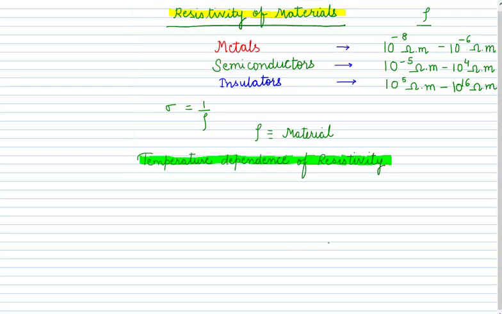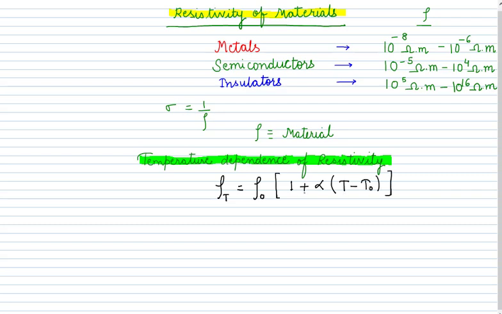The formula we use for the temperature dependence of resistivity: we want to take resistivity at any temperature T. So this is rho with suffix T, the resistivity rho at any temperature T. This is equal to rho at the reference temperature, with reference to which we are taking temperature T. So rho T is equal to rho naught times 1 plus alpha times (T minus T naught).